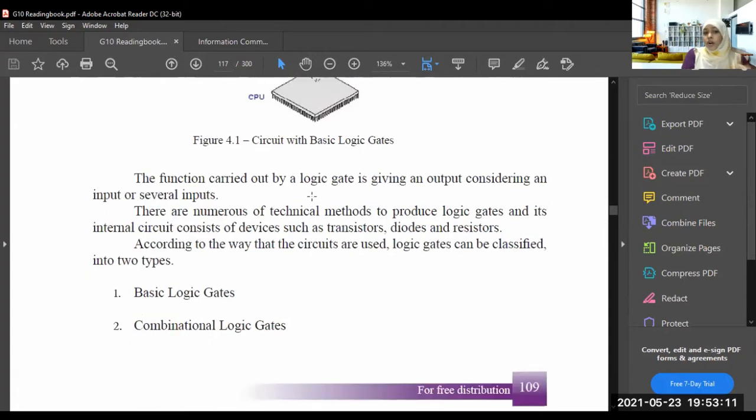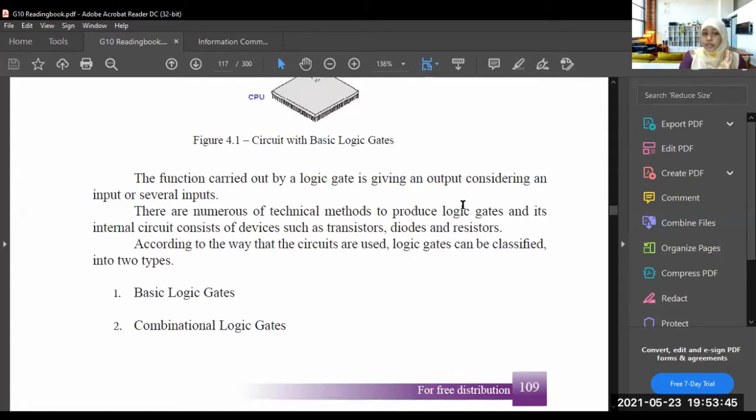The function carried out by a logic gate is giving an output, considering an input or several inputs. We can input several inputs, not only one. It can be one input, 2 inputs, 100 inputs, thousands of inputs, it doesn't matter. But at last, you will get one output.